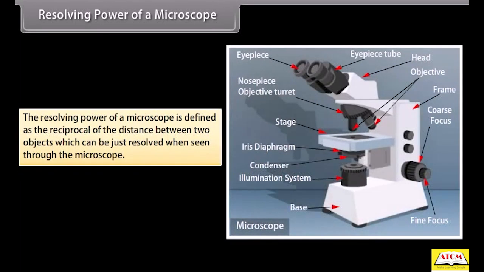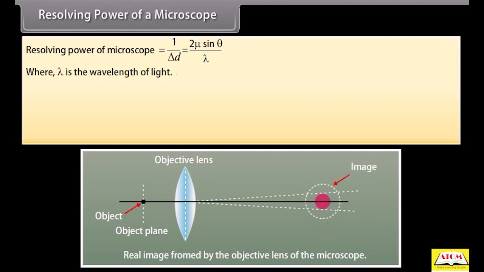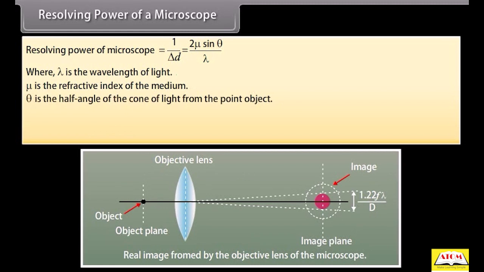Resolving power of a microscope. The resolving power of a microscope is defined as the reciprocal of the distance between two objects which can be just resolved when seen through the microscope. 1/ΔD = 2μ sinθ / λ, where λ is the wavelength of light, μ is the refractive index of the medium, and θ is the half angle of the cone of light from the point object.